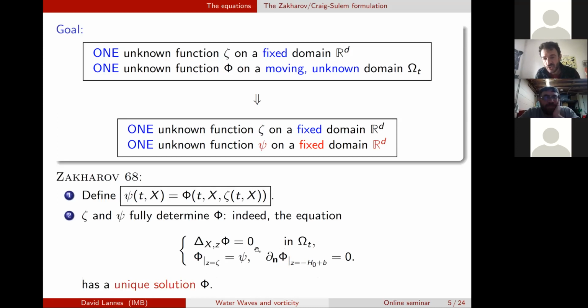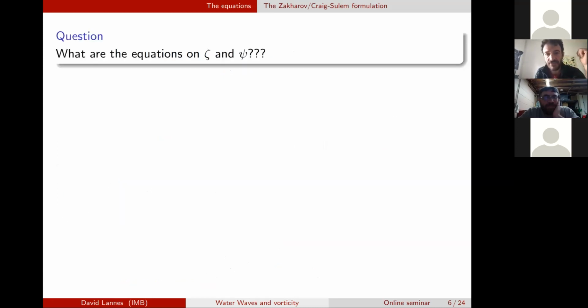So there is a unique solution to this equation. And so it's enough to know this function psi. And so you can reduce the set of equations to actually two functions, zeta and psi, which are defined on the horizontal plane, which are, of course, fixed.